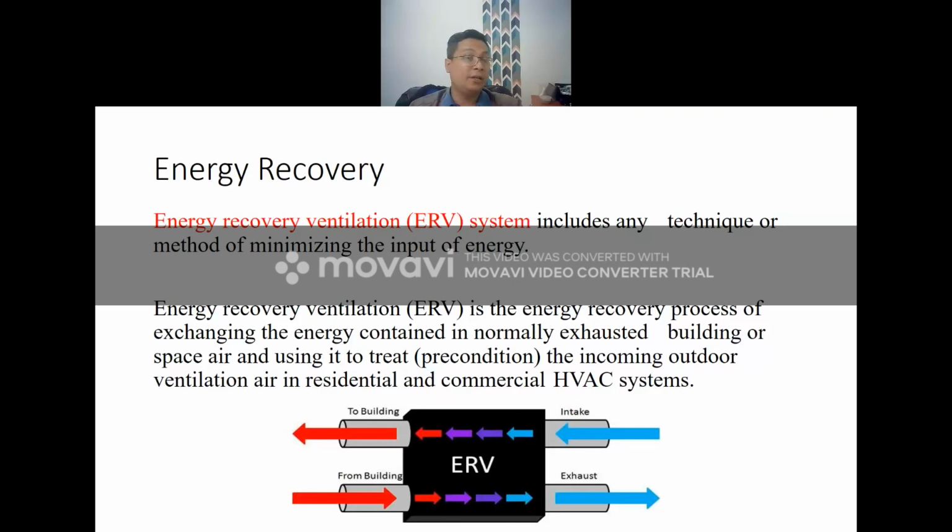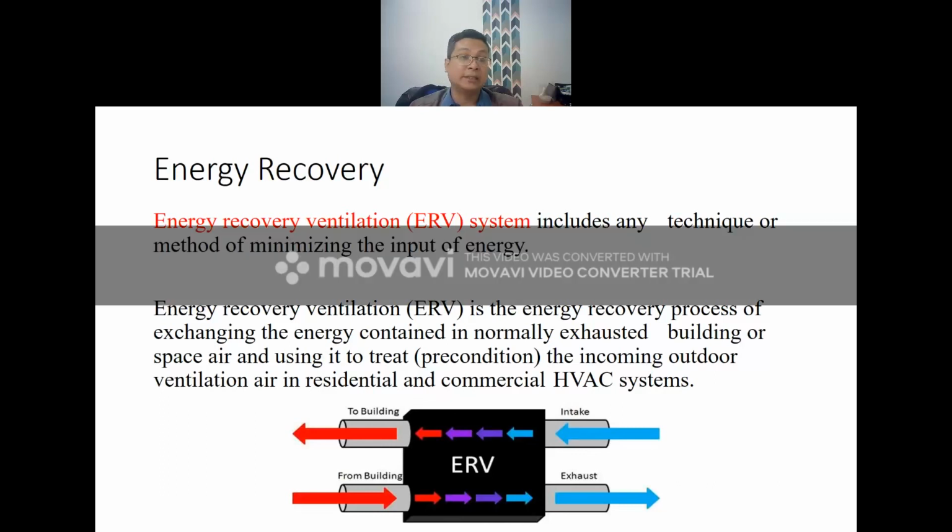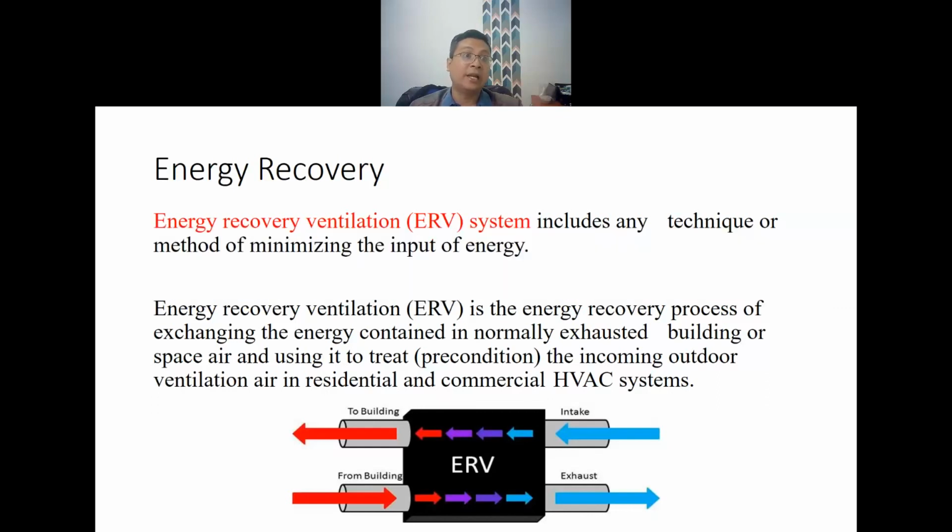Maybe we can add or reduce, depending on the condition. In climate conditions, sometimes the humidity is higher. Then sometimes, maybe in the summer, humidity is low, and we can add humidity. That one is considered under energy recovery. Then we can save much energy.